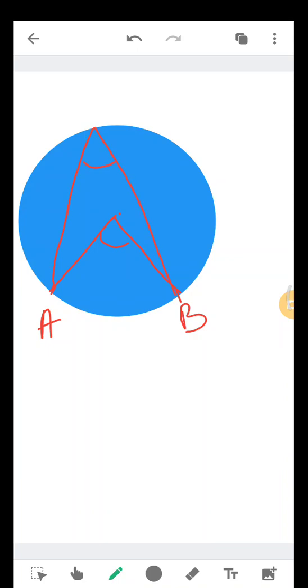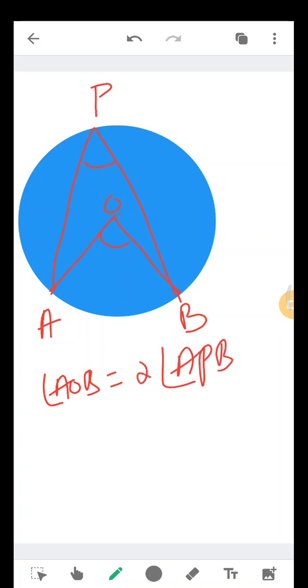We have to prove that angle AOB is double of angle APB. This is our theorem 10.8.